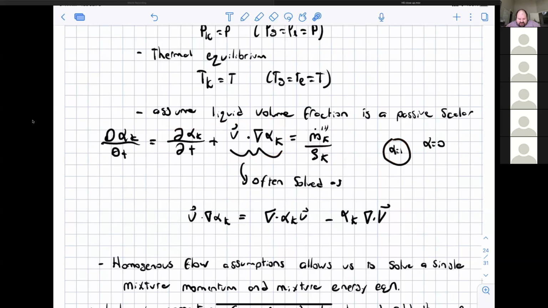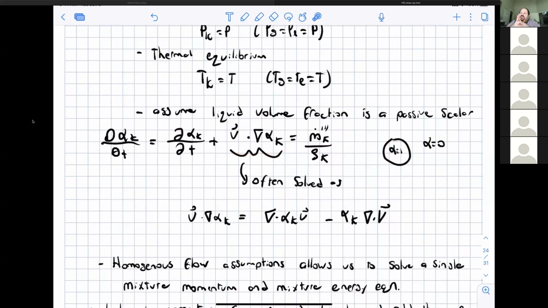Now, computationally, if your flows are compressible, typically you will approximate this term. You will not solve this term directly. Instead, you will say that this term is equal to the divergence of alpha k times v minus alpha k times the divergence of the flow velocity. There are various compressible flow numerical algorithm reasons for doing that.